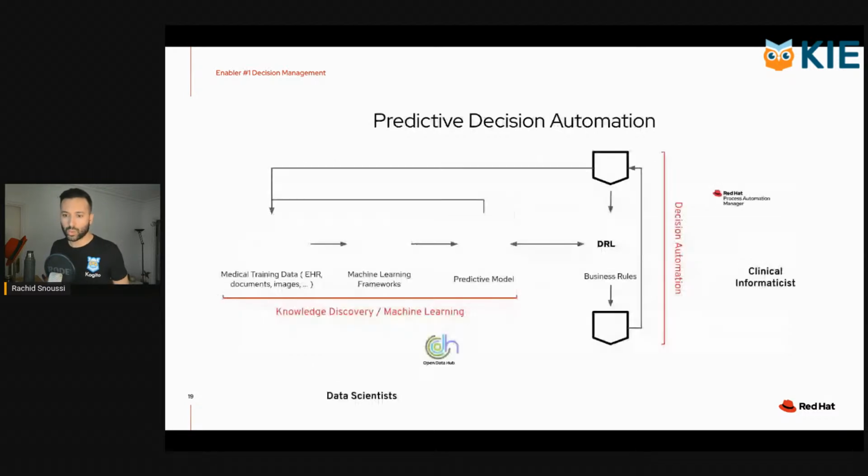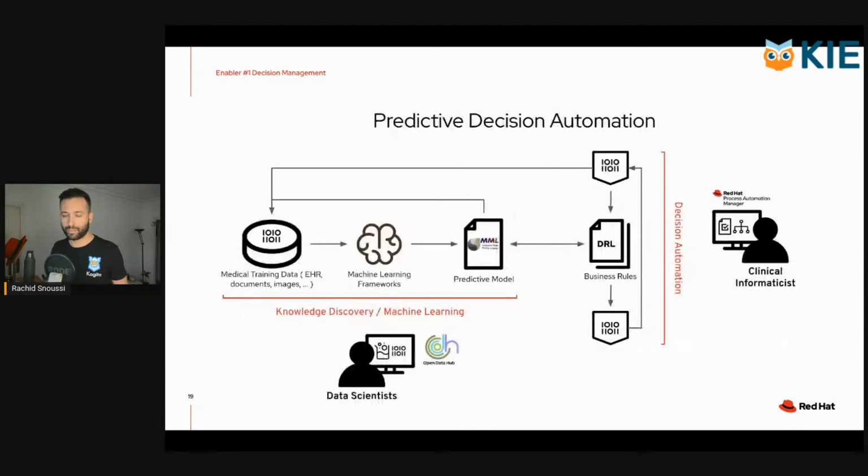So there's two ways to do this predictive decision modeling or decision automation. There's a job done by data scientists within a discovery or machine learning phase using Open Data Hub in order to train models using clinical data, which are anonymized.